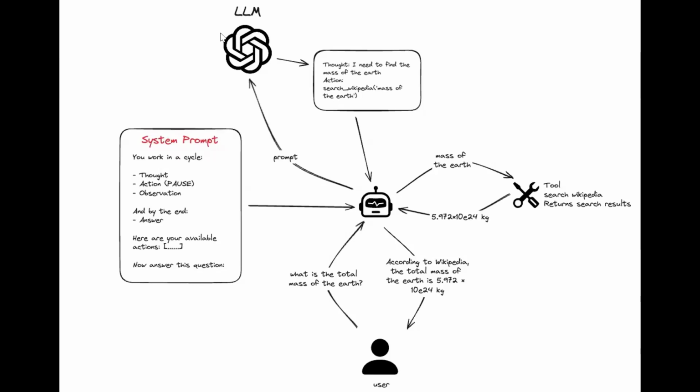And now what it will do is, as per the instruction, first of all, it will do a thought process. It will see, okay, I need to find the mass of the Earth. This is its thought. Then it will decide what action it has to take in order to achieve this goal.